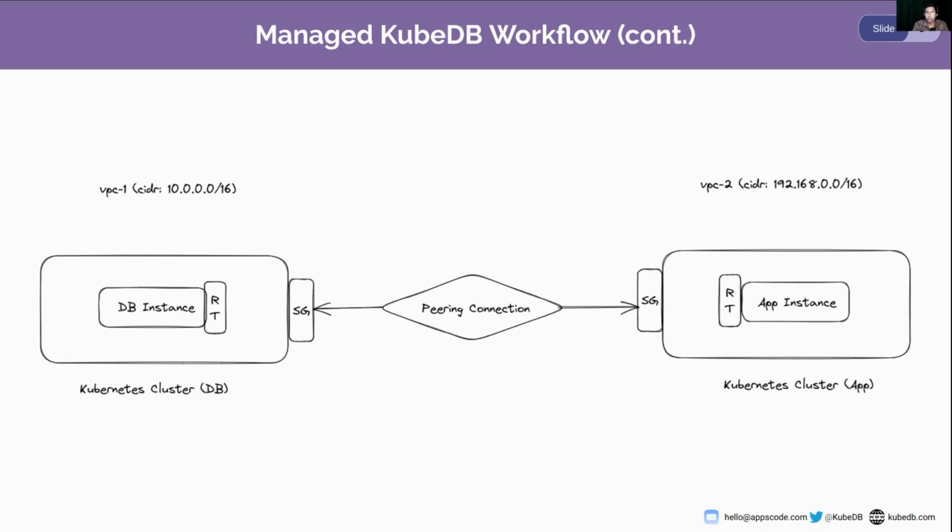In most clouds, you can connect 2 VPCs with peering connections. Then you can privately access your instances from the other VPC. In this case, you have to make sure that the VPCs you are trying to connect are from different IP CIDR ranges.